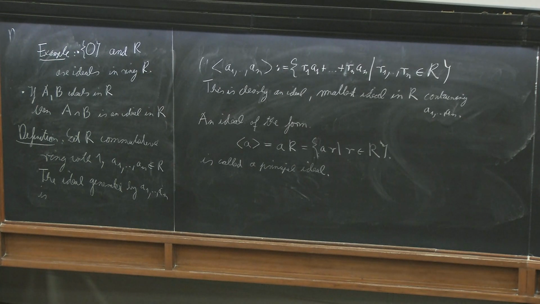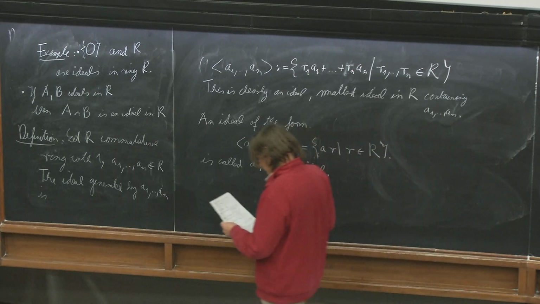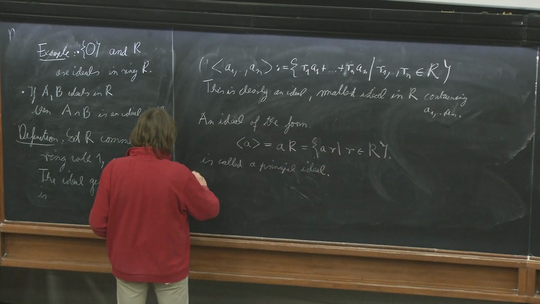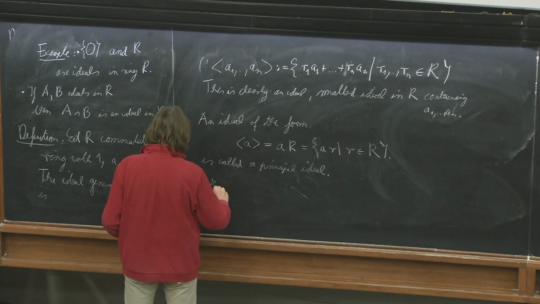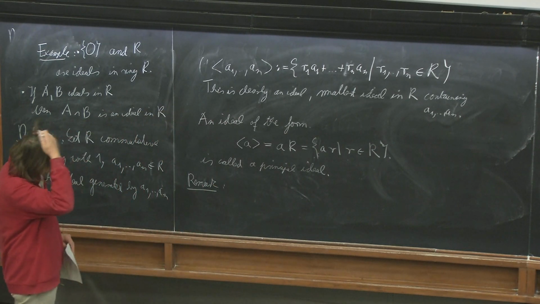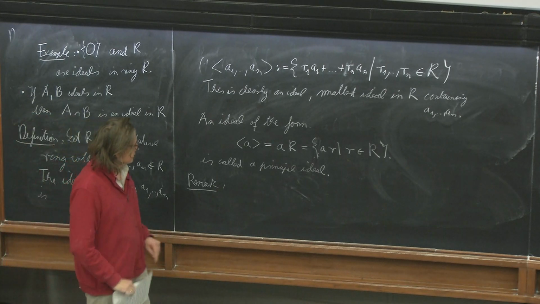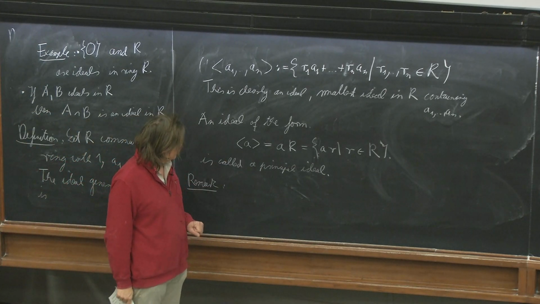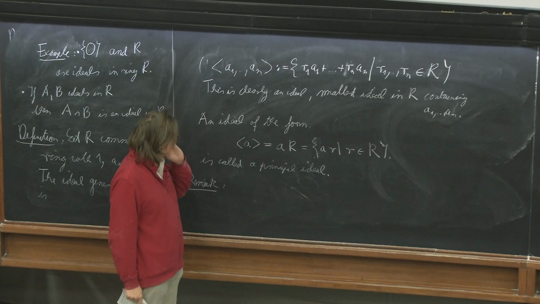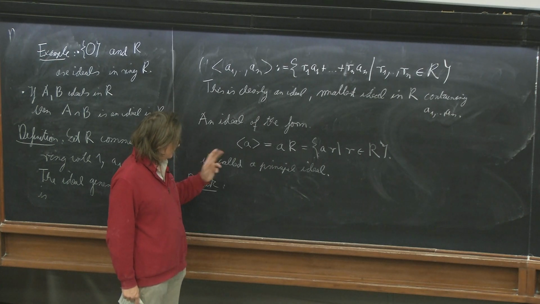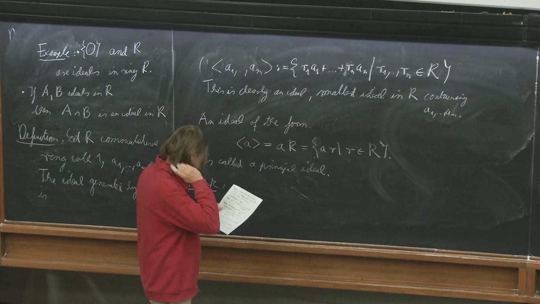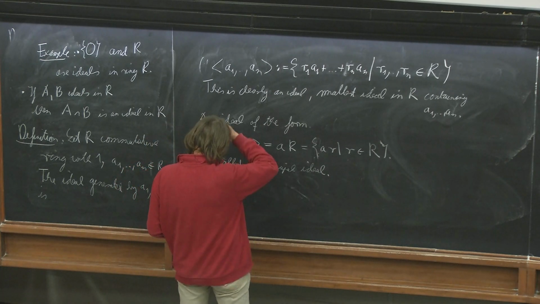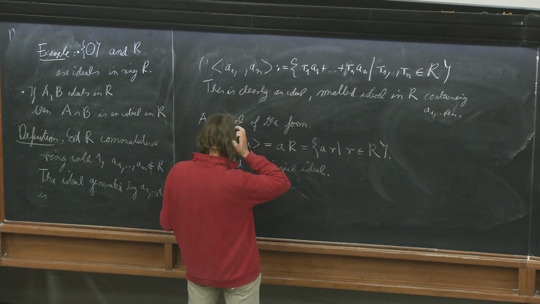Okay, just maybe a stupid remark. When do two elements give the same principal ideal? They do if and only if they differ only by multiplying by a unit. At least this is true in an integral domain.